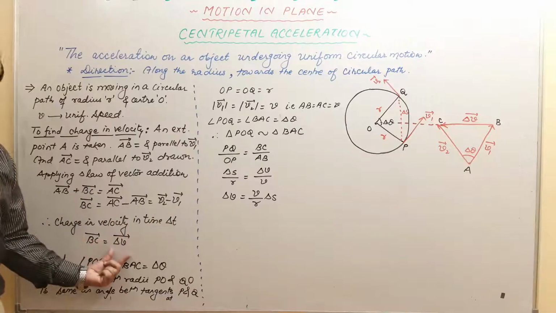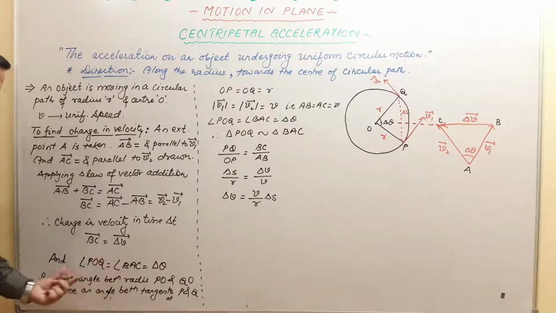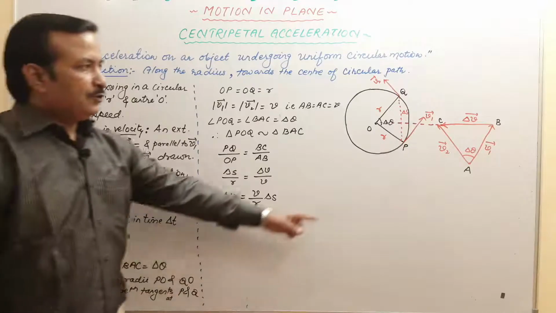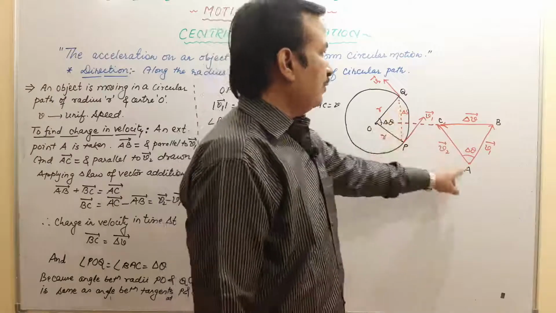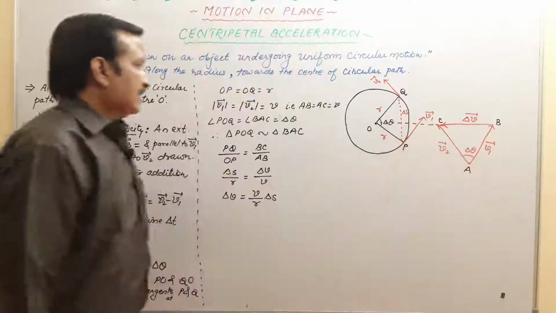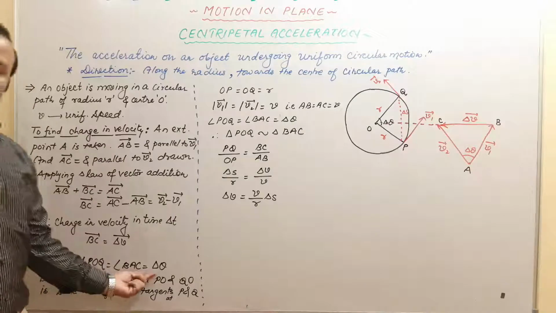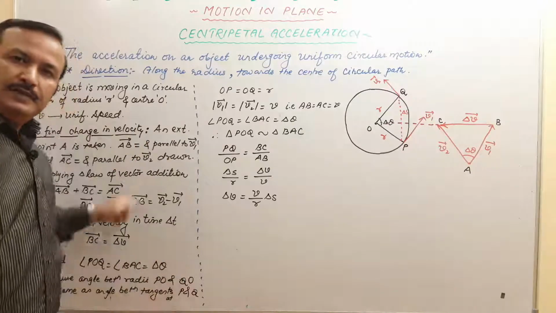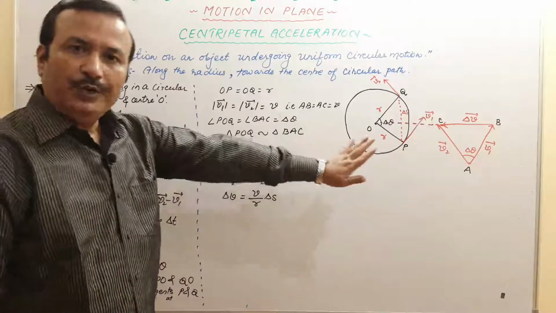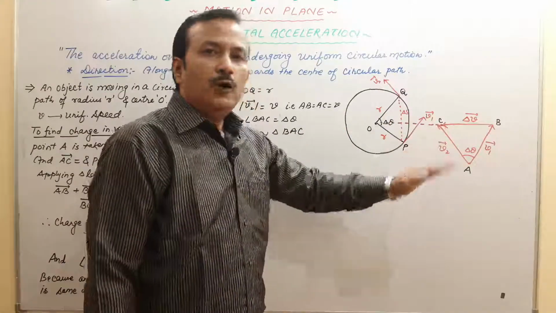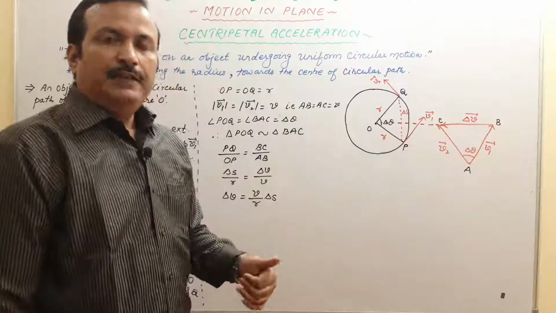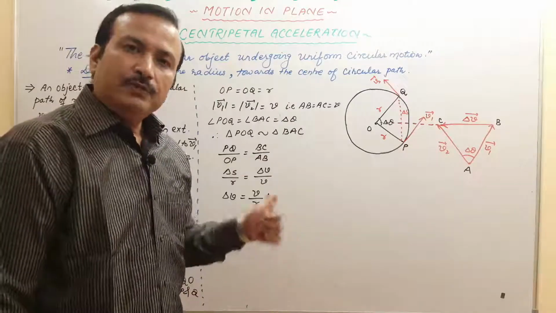Suppose it is del v, change in velocity. Now you see I have told you just now how these angles are equal. Angle POQ equal to angle BAC, that is equal to del theta. I hope the concept is clear. We are just trying to find out what will be the acceleration when the object moves in the circular path.